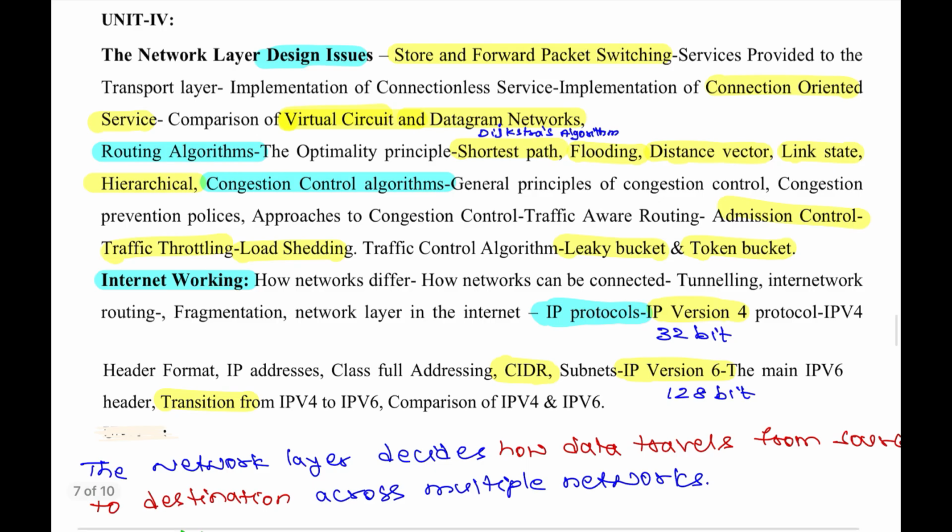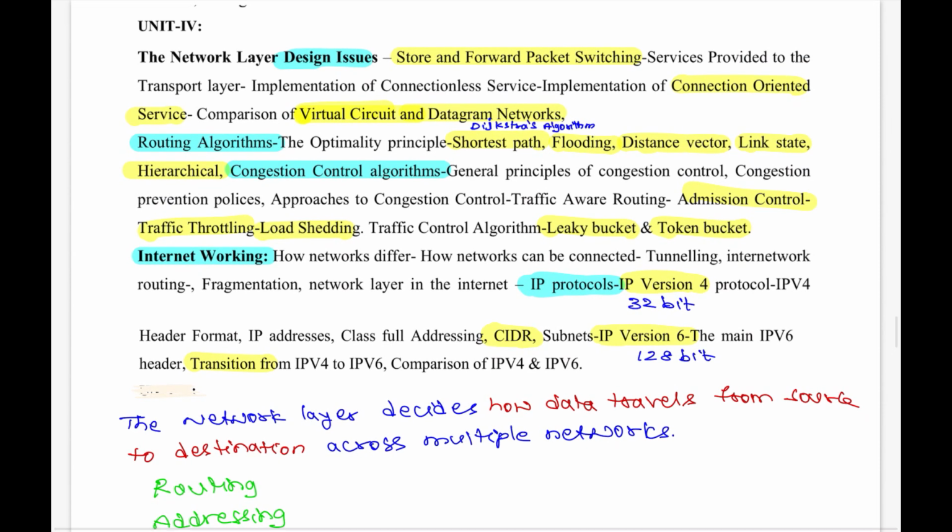Okay, by the end of this Unit 4 we will try to understand the routing, IP addressing and the congestion management, congestion control.